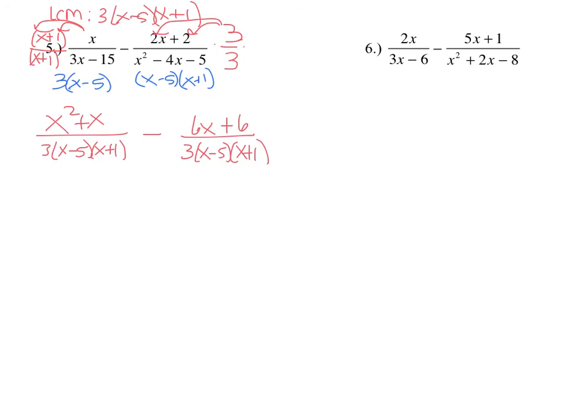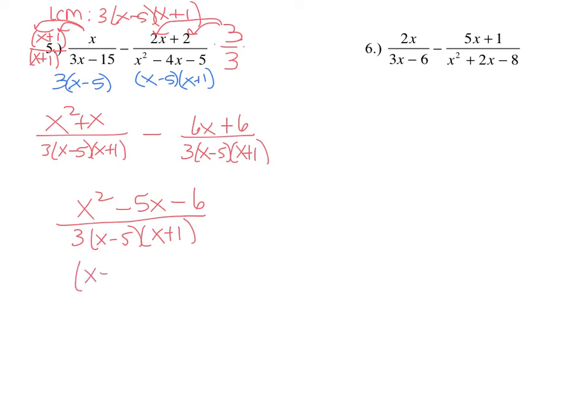Now that the denominators are the same, we can go ahead and combine the numerators. So we have x squared. X take away 6x gives us negative 5x. And take away the 6. So we gotta check the numerator to see if we can factor.